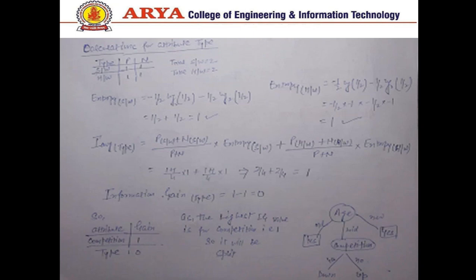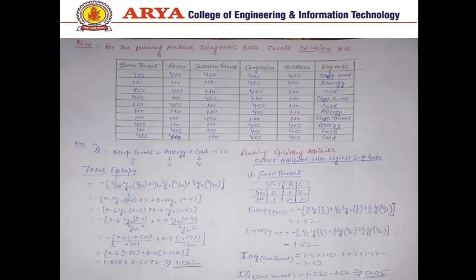So here is a short trick: if you are getting mixed values, the node will be split further. So we calculated the whole process, and now we evaluate the information gains for different attributes, and finally we design the tree with age as the root. Here we have the other attribute, competition, with down and up. So old, mid, new, and for competition, yes and no. So that was all about the numerical problem based on decision tree.